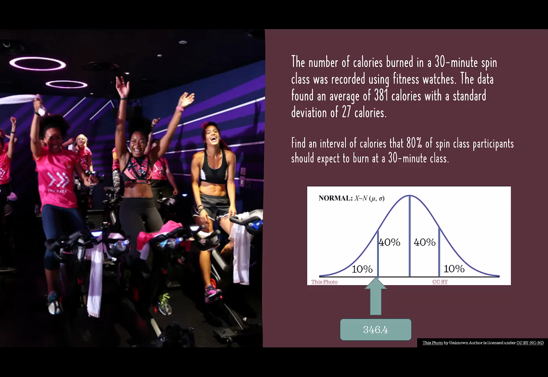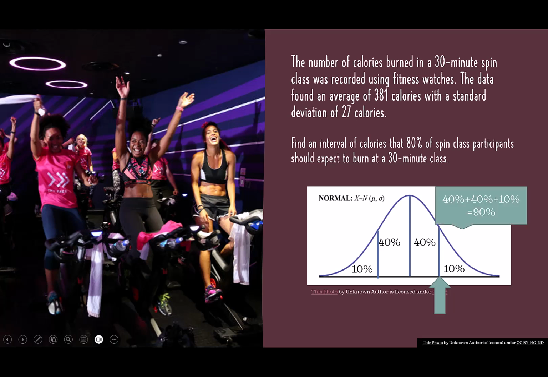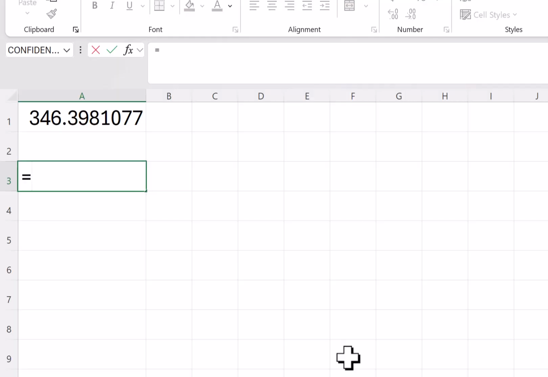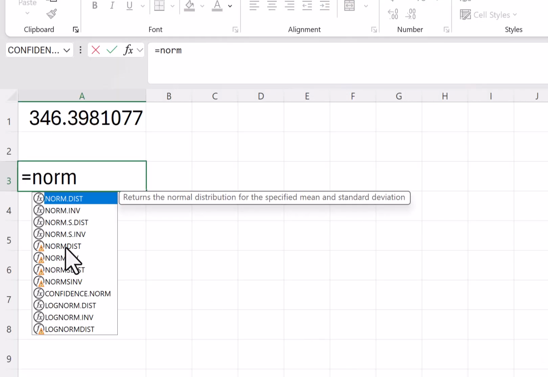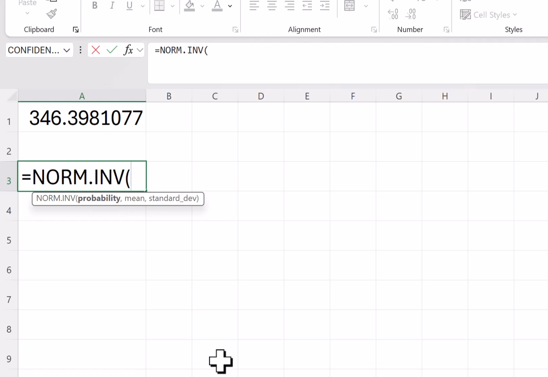Now that we have our number for our left boundary, let's look at the number for the right boundary. When we go over to the right, we can see that 40%, 40%, and 10% is to the left. That's a total of 90%. So the number we need to look up corresponds to the 90th percentile of our curve. We'll type in equals, norm, and we're going to .inv.